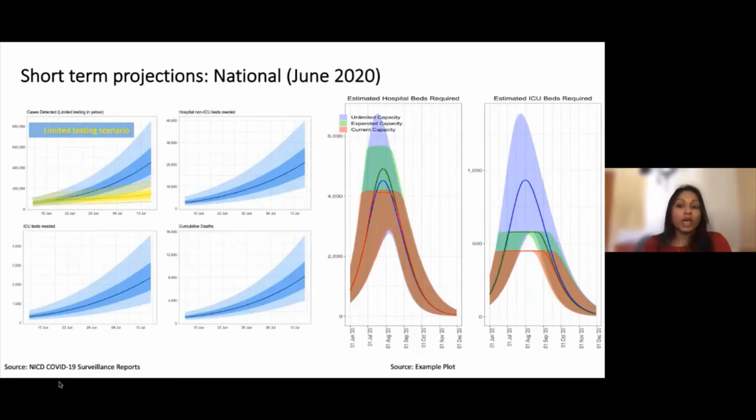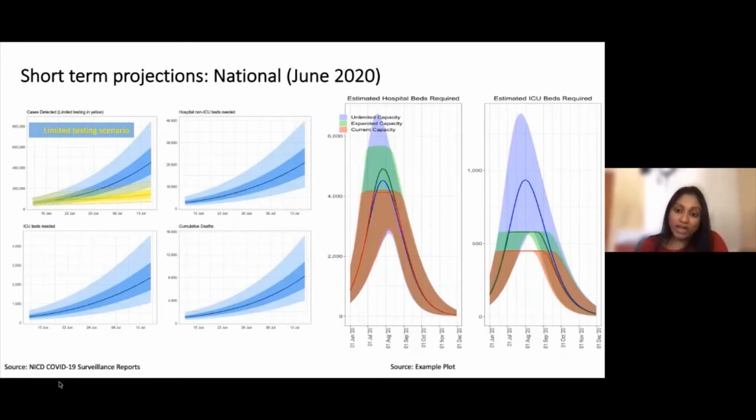And so we considered two kinds of short-term projections. One where we took into account limited testing scenarios, where we may not have enough testing kits to continue a mass testing strategy. So we looked at prioritized testing, and we also looked into the capacity that would be available in hospital and in general and ICU beds throughout the country.